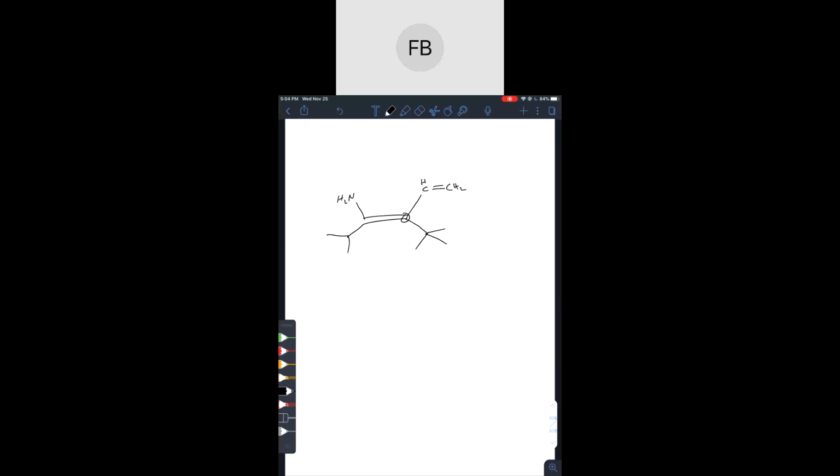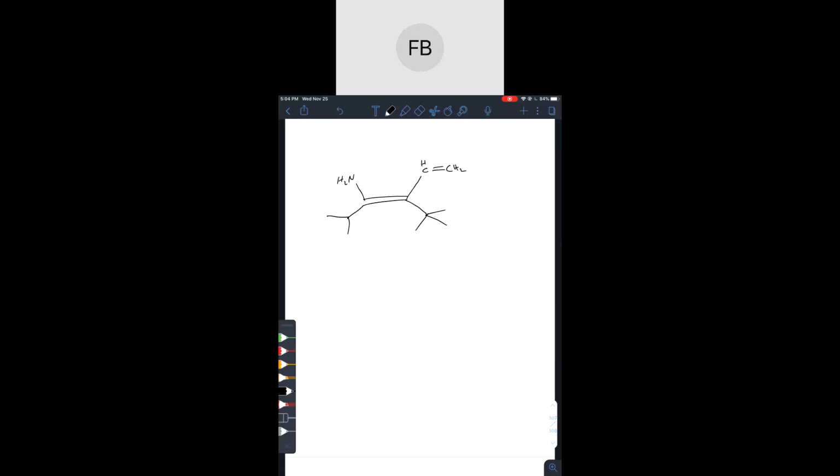No, the reason is because this is SP2 instead of SP3. In order to have R and S, you have to be able to assign 1, 2, 3, and 4, and they all have to be different weights. That means you can't have anything exactly the same.